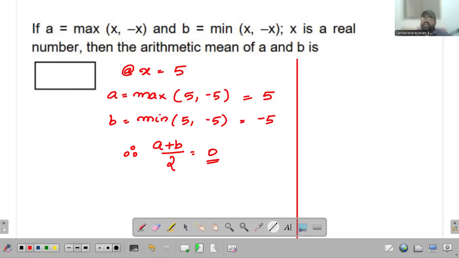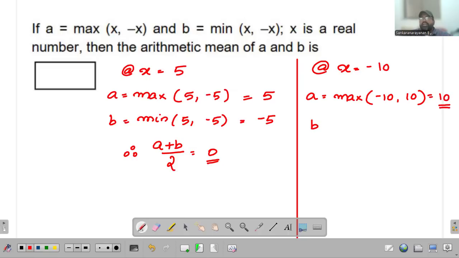In a similar way, we can consider what happens with a negative value. Say x is equal to minus 10. A is the maximum among minus 10 and 10, that is the considered value and the negative of that value. The maximum is 10. Similarly, B is the minimum among minus 10 and 10, which is minus 10.